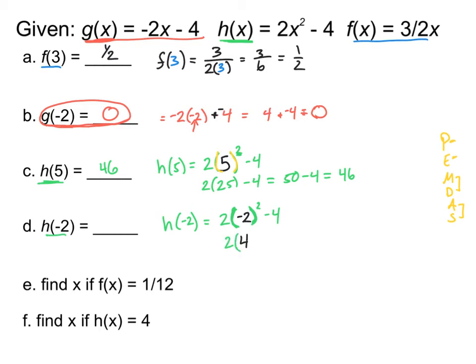So 2 times 4 minus 4 is going to become 8 minus 4, which is 4. That's extremely important. If you type -2 squared into the calculator, it will output -4. If you type in parentheses -2 squared into the calculator, it'll output positive 4.